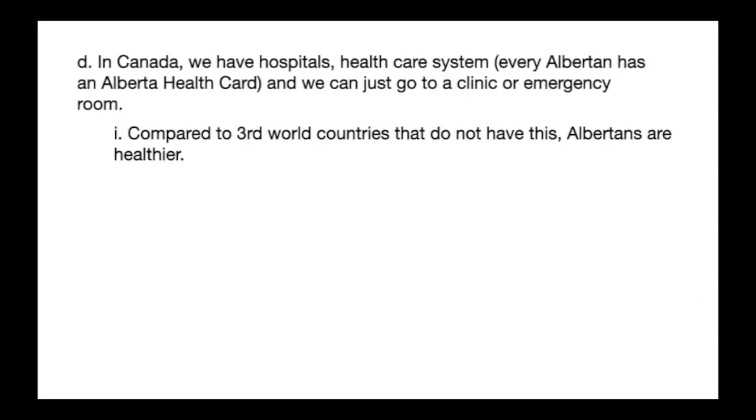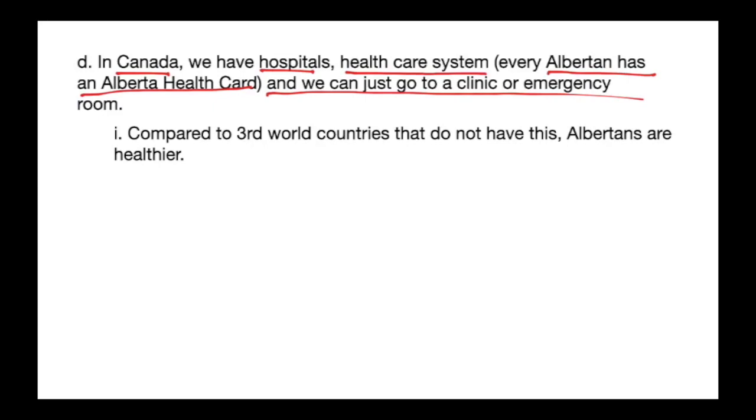So take a look. In Canada, we have hospitals. We have a healthcare system. So, for example, everybody in Alberta has a healthcare card. You show that at the clinic and the hospital when you go. Okay, and you can go get treatments. So we can just go to the clinic and go to the emergency room. Now, sometimes we have to pay a little extra, but we're not truly paying the full cost.